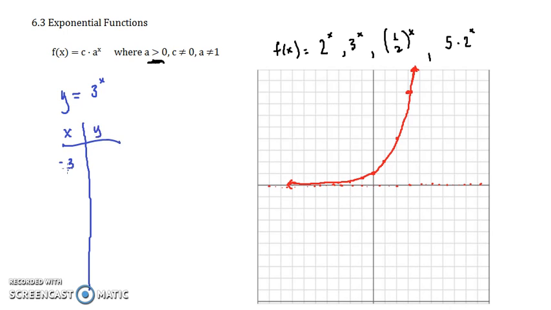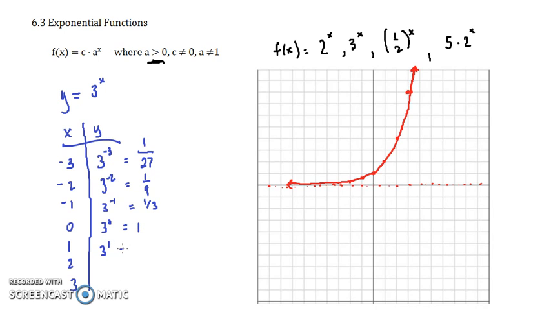All right, so -3, -2, -1, 0, 1, 2, 3. So when we plug these in, 3 to the -3, that's reciprocal, and 3 to the third is 27. 3 to the -2, that's reciprocal, and 3 squared is 9. 3 to the -1, that's reciprocal, and we just get 1/3. 3 to the 0, anything to the 0 is 1. 3 to the 1 is 3. 3 squared is 9.